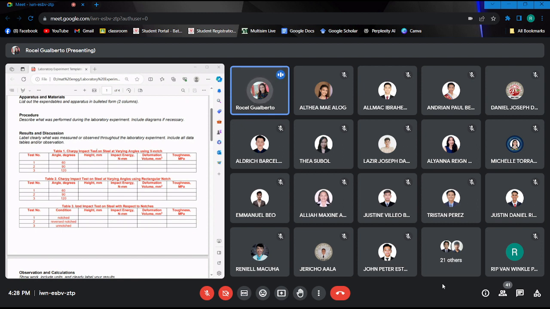So, how do we compute these four? We have here the equations involved.